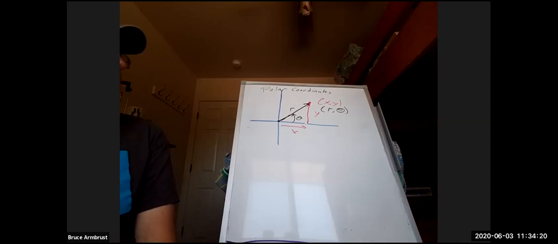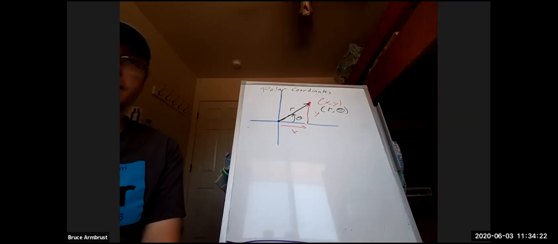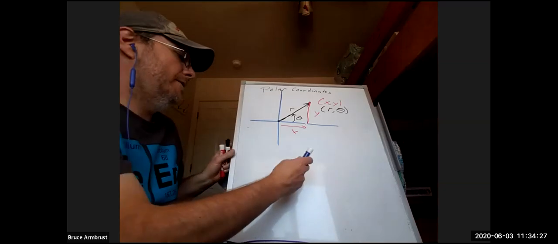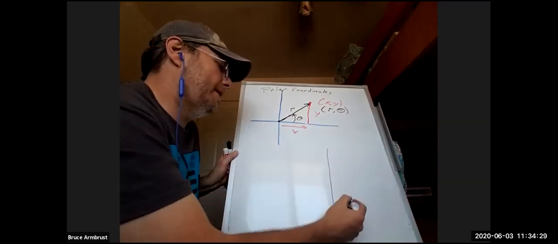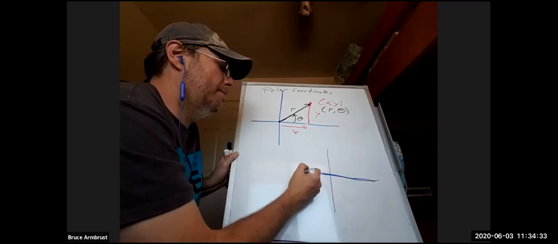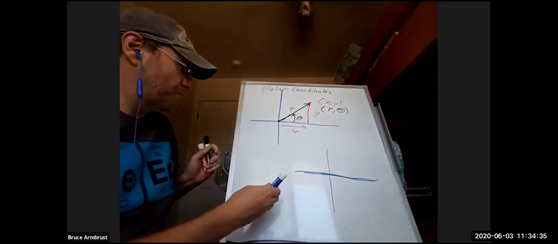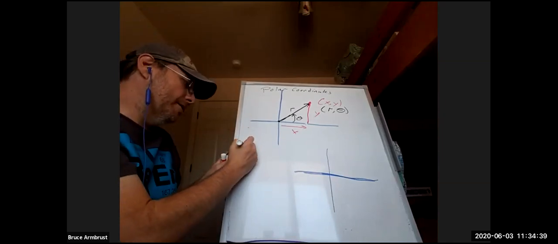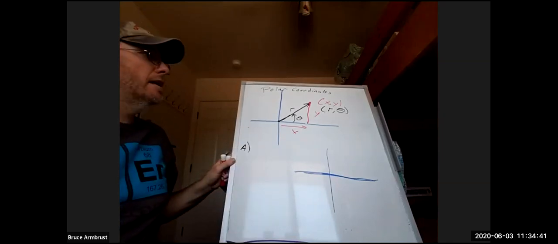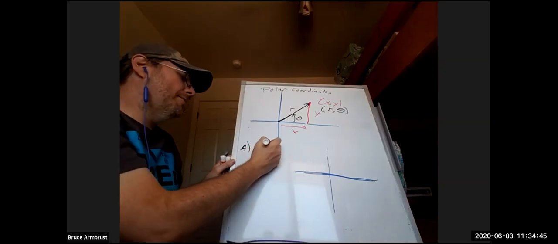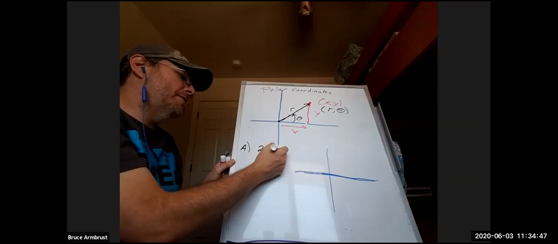Okay, so let me play around with this a little bit. Let's take a couple of points in polar and plot them, just so you can get the feel for how this works. So let me start with a new coordinate plane here. Let's plot some points. For example, call this guy A. Let's plot the point 2 comma 3 pi over 2.